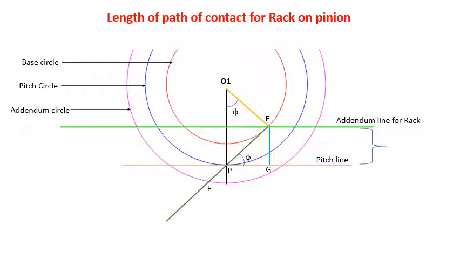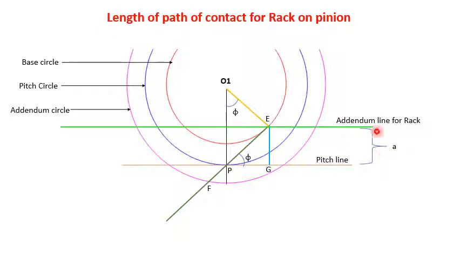Next, wherever this tangent line cuts the addendum circle of the pinion, I will call it F. The distance between the addendum line and the pitch line, or the height of the addendum line from the pitch line, I will call small a.